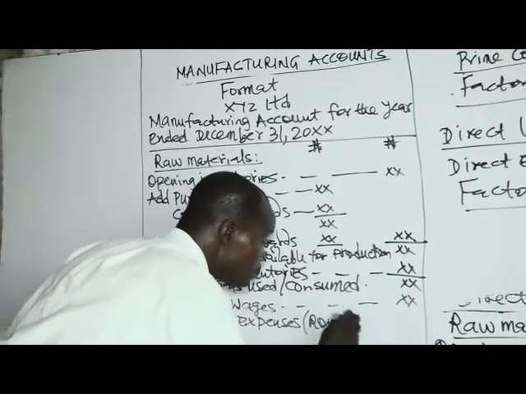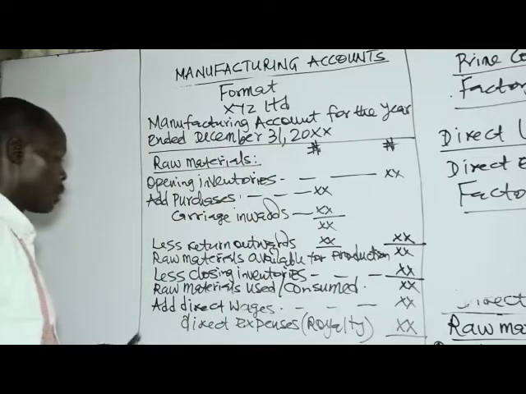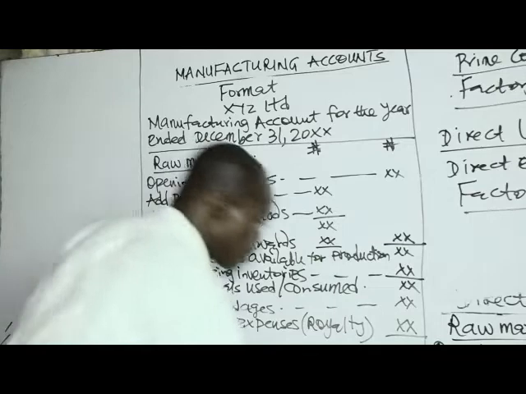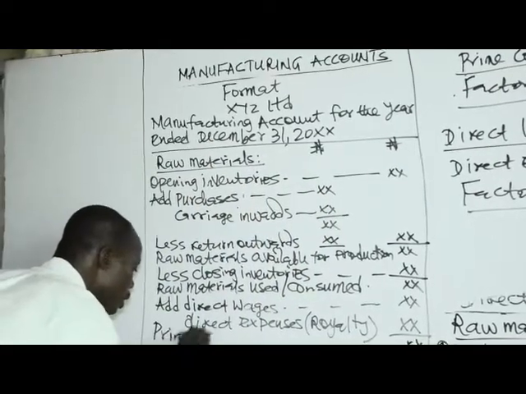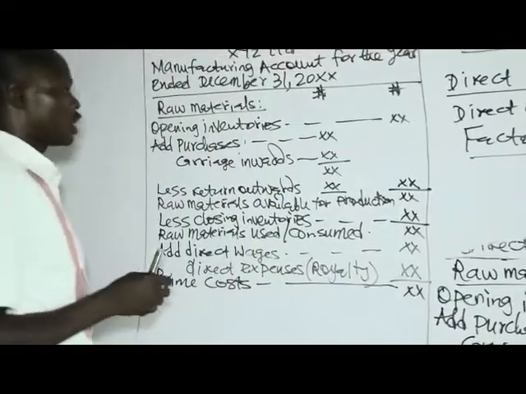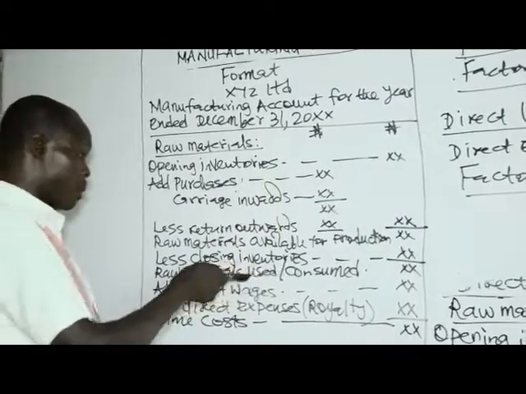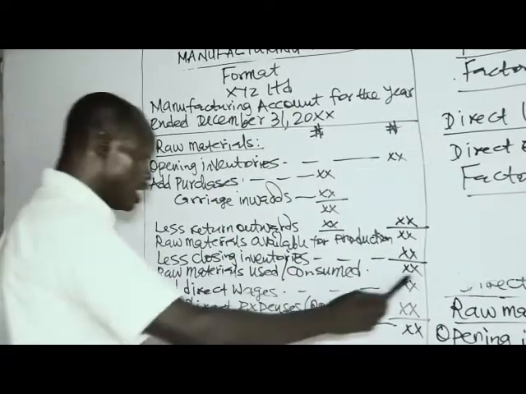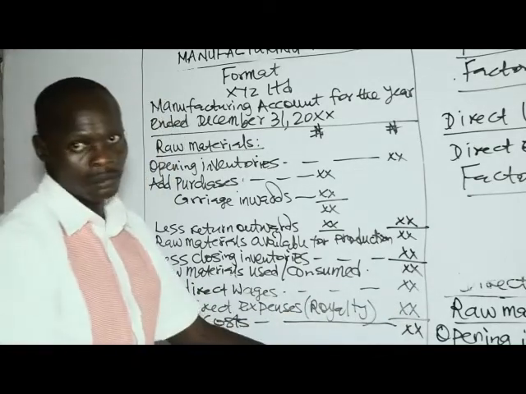If any, you add it. After adding this, you get your prime cost. That means you have considered the direct costs: your direct materials, which is raw materials consumed or used, plus direct wages, plus the direct expenses. That gives you the prime cost.